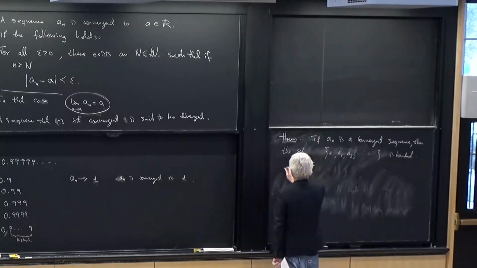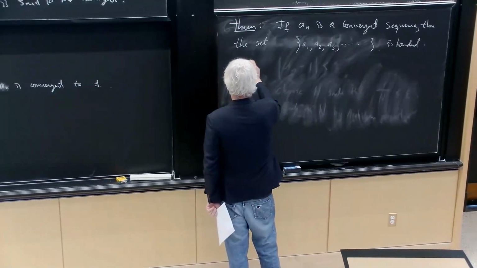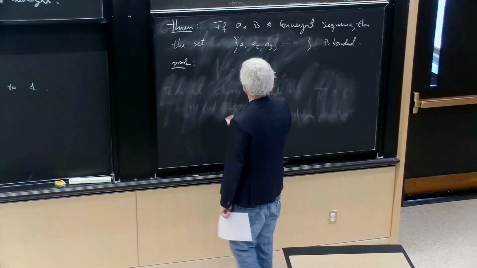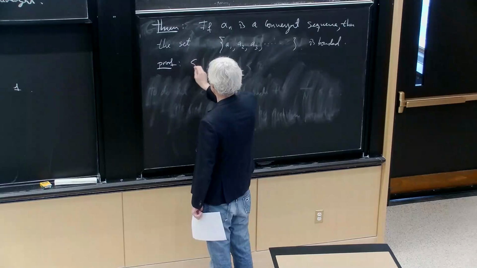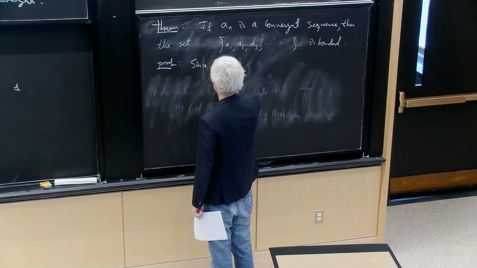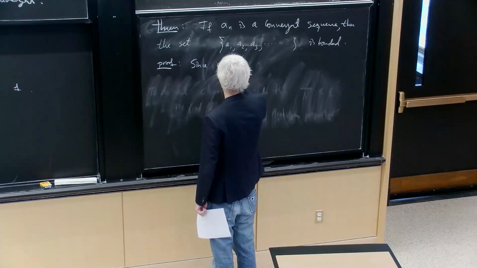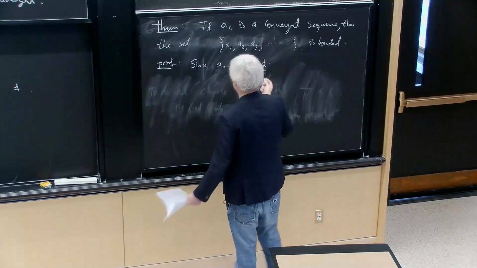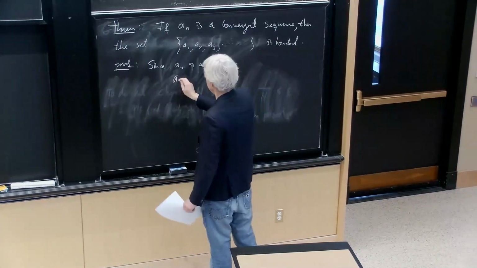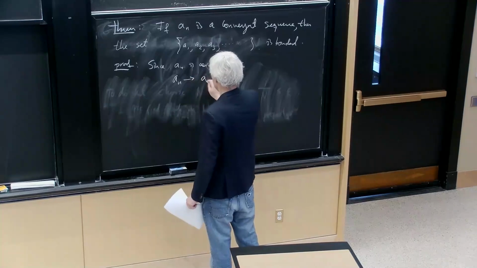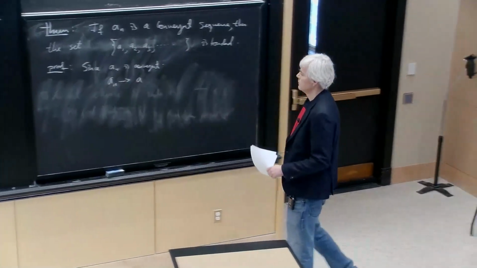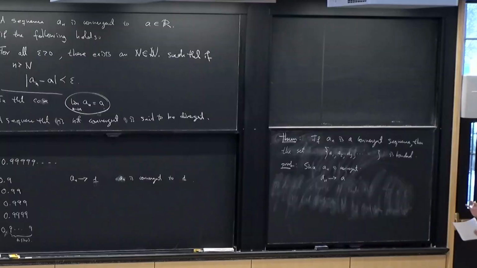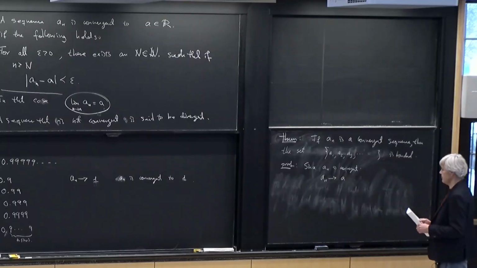Now let's try to prove that. So since a_n is convergent, then there is some a so that a_n converges to this a, right? And so now I can just focus on one single epsilon.